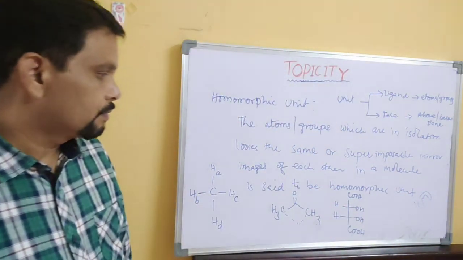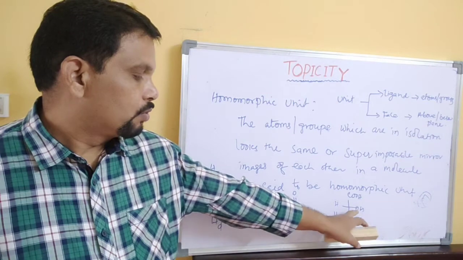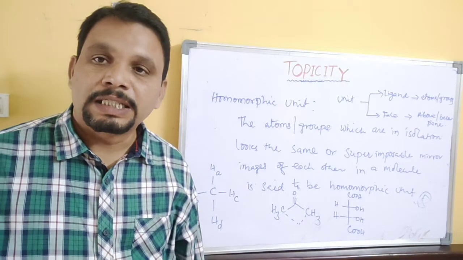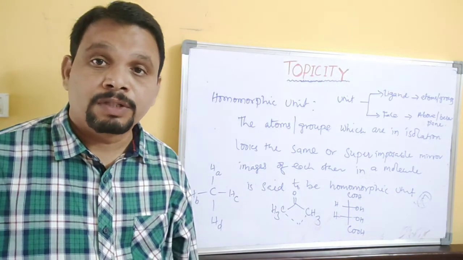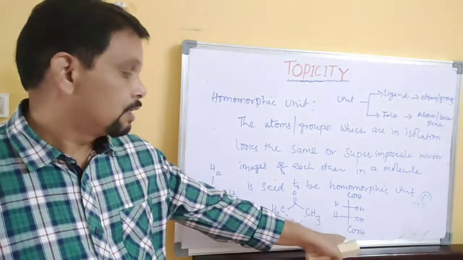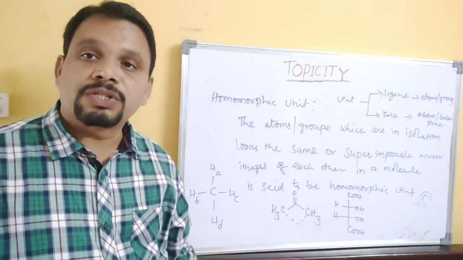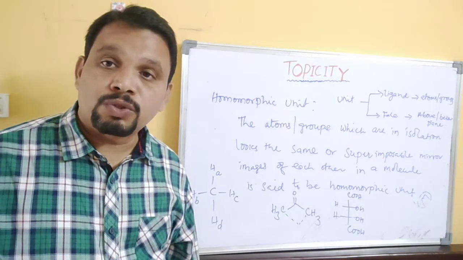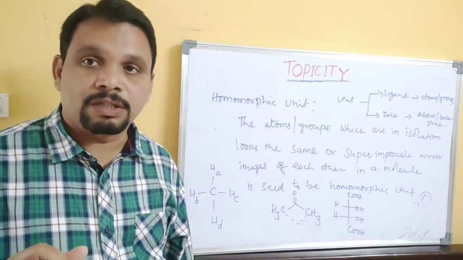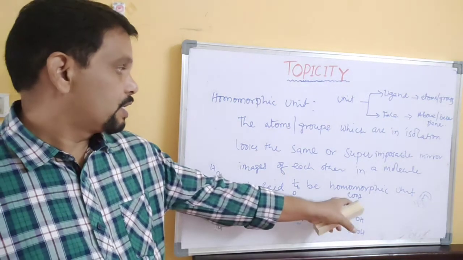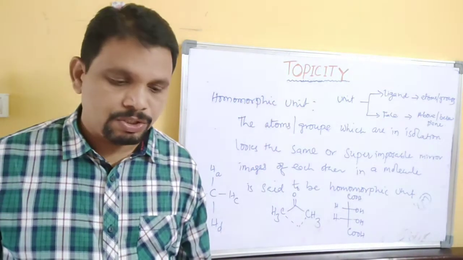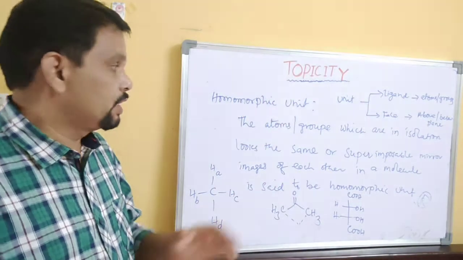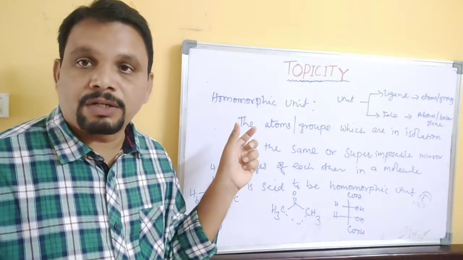In this, both the hydroxyl groups, the hydrogen groups and the COOH groups are homomorphic units, because in isolation they look the same as functional groups, and also are superimposable mirror images of each other. Therefore they can be considered as homomorphic units. So this terminology you need to understand.